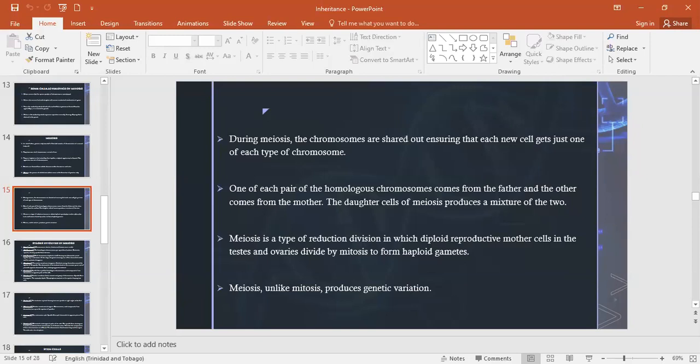Because remember, you have to start off with a whole before you can get half. So in order to produce the half number of chromosomes, it has to come from a whole, right? So that is why you will need normal cells to produce it. All right. So meiosis only occurs with sex cells because they are responsible for the formation of gametes.